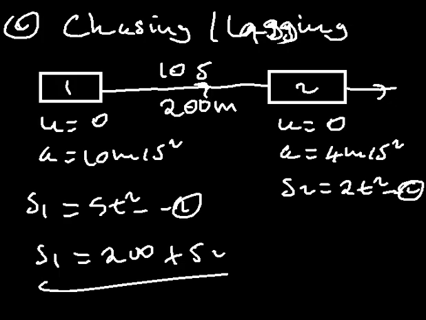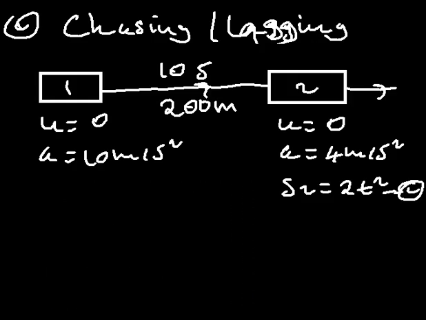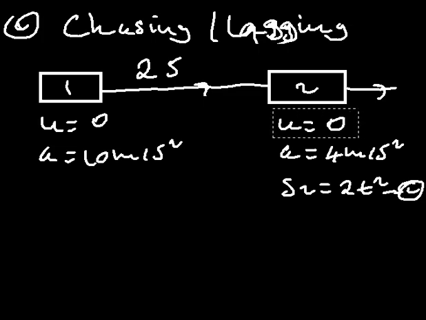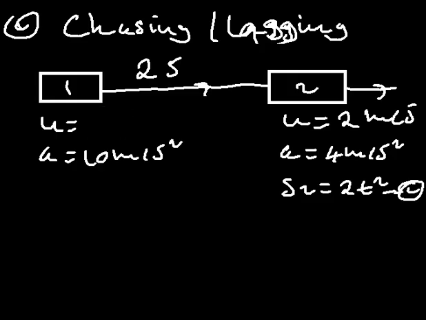And how about if this is the case? Let's say the lagging parameter is also time, but now it is given as, let's say, 2 seconds. And let's say the object ahead is having an initial velocity of 2 meters per second, and object 1 is having an initial velocity of 2 meters per second as well.